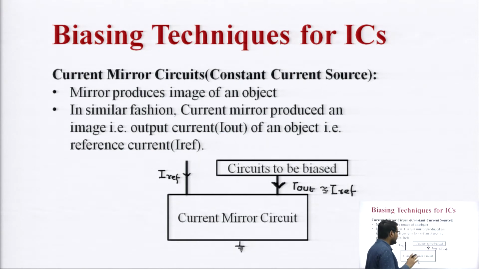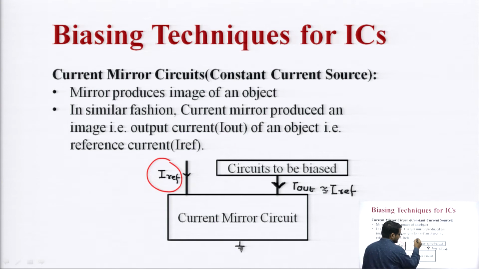Here is the I reference, the reference current, and here is the circuit to be biased. This circuit may be a differential amplifier, a level shifter, a power amplifier, or an intermediate stage of an operational amplifier. We can use this current mirror circuit as the biasing of a well designed circuit.